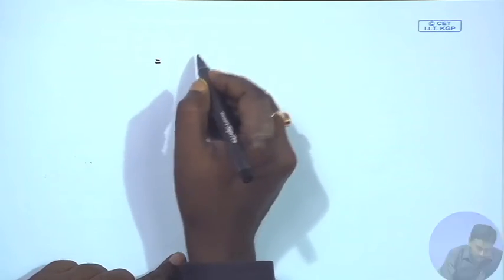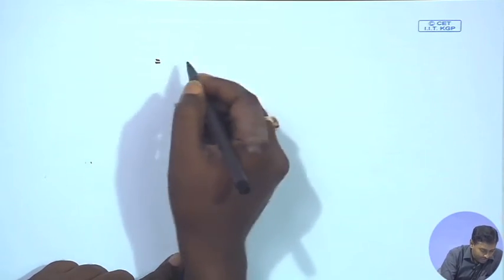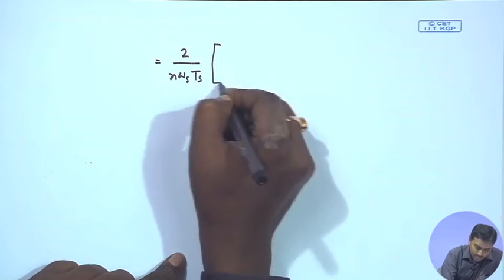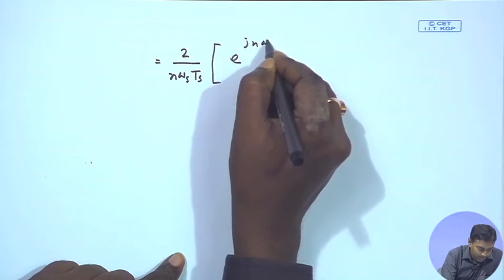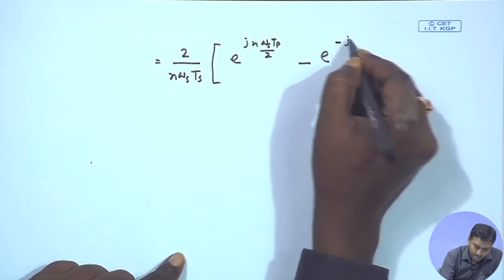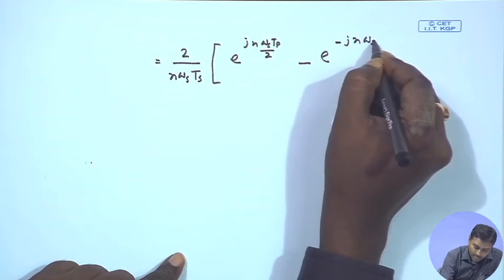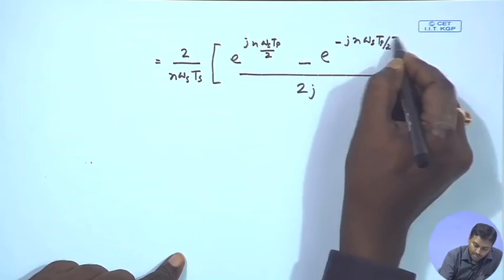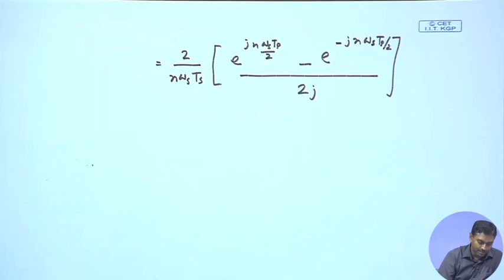And then if we evaluate this, if I just do simplification after putting T_p by 2 and minus T_p by 2, I get 2 by n omega_s T_s times e to the power j n omega_s T_p by 2 minus e to the power minus j n omega_s T_p by 2 divided by 2j. I have taken this form because it will be a sine function.